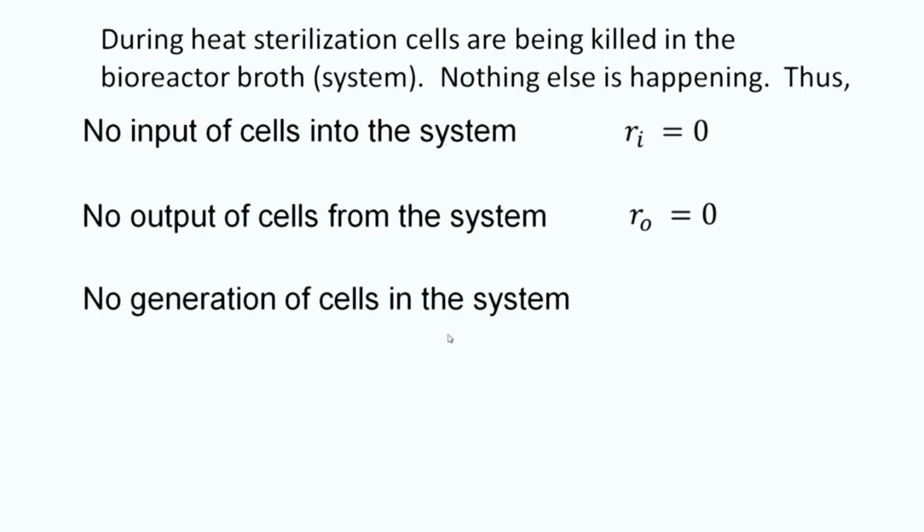There is no generation of cells in the system, or let us assume that. Therefore, the rate of generation of cells is 0, and therefore, the only term that remains from R I minus R O plus R G minus R C is this minus R C, and minus R C, the rate of consumption of cells R C, is equal to d dt, the rate at which mass of cells gets accumulated in the system.